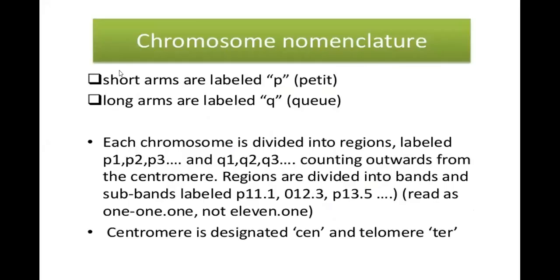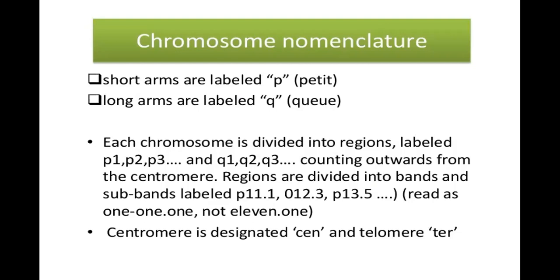The chromosome nomenclature. Short arms are labeled as P or petite arm, and long arms are labeled as Q. Each chromosome is divided into regions. These regions are labeled as P1, P2, P3 in the short arm, and in the long arm, they are labeled as Q1, Q2, Q3, counting outwards from the centromere.